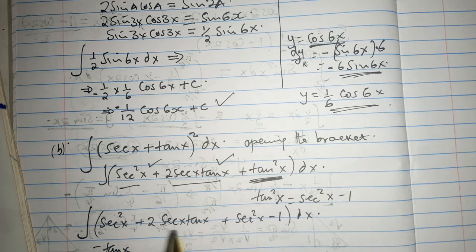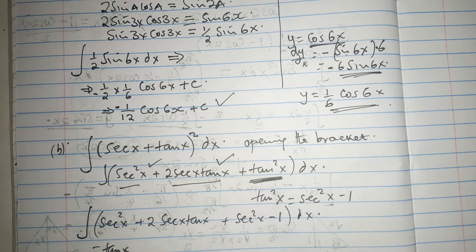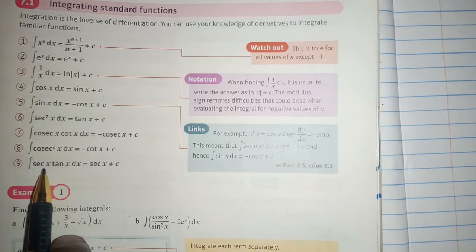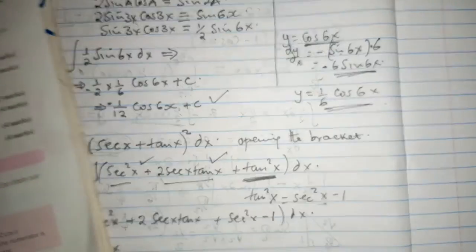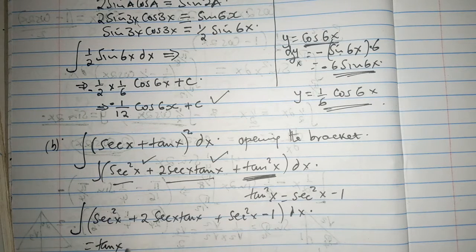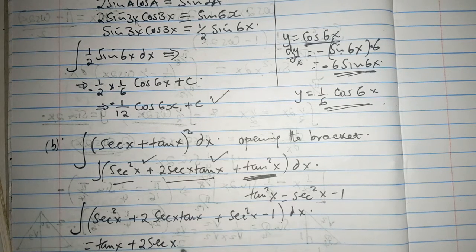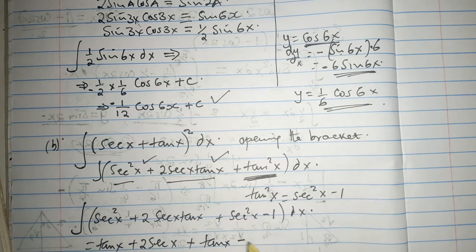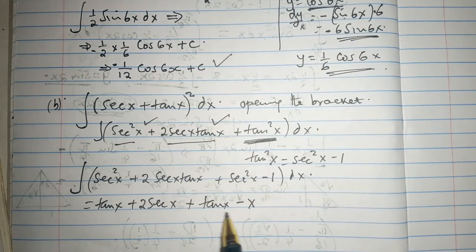The integral of sec x tan x is simply sec x, so we have plus 2 sec x, since 2 is a constant. Then plus tan x minus x, because the integral of sec squared x is tan x, and the integral of minus 1 is minus x.